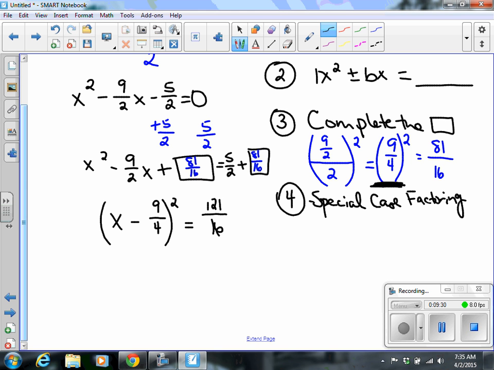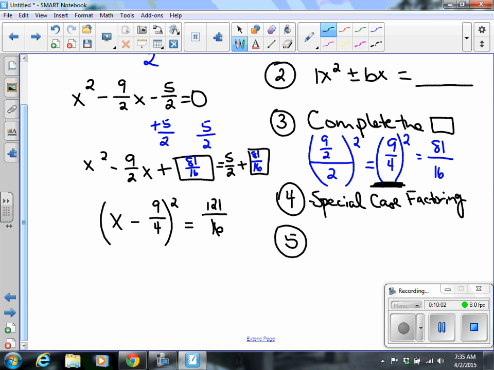Something as a side note here, notice that when I simplify the right side, I get 2 perfect squares. So I have 121 over 16. Generally, that's what's going to happen with your fractions, is you're most likely going to have a perfect square in the denominator. And same thing with my 9 over 4, I have a perfect square in the denominator there as well.